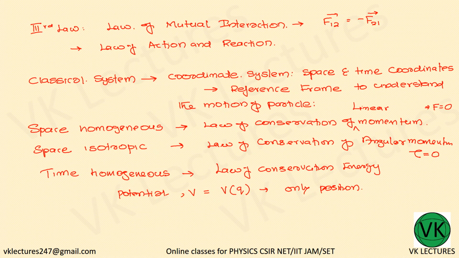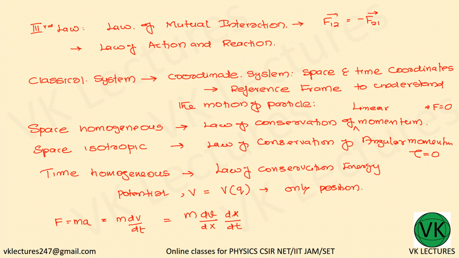Now just write F is equal to ma, that's equal to m dv by dt, and this we can also write as m dv by dx into dx by dt.